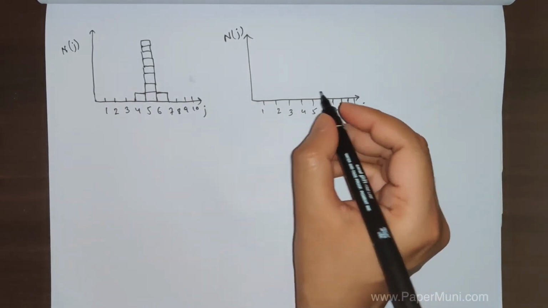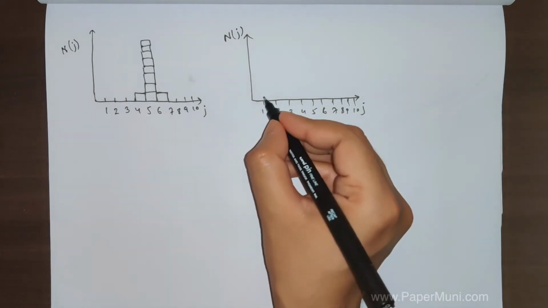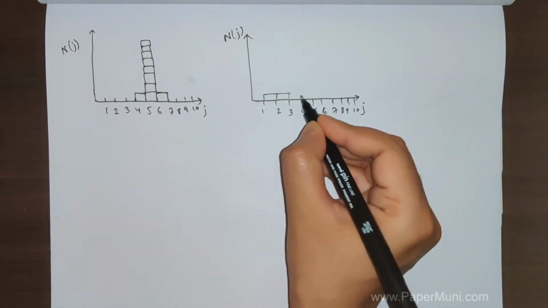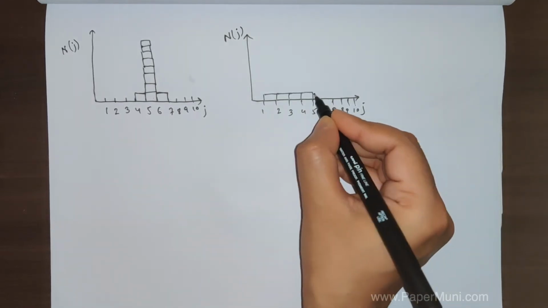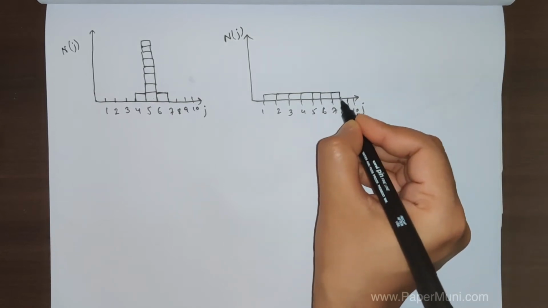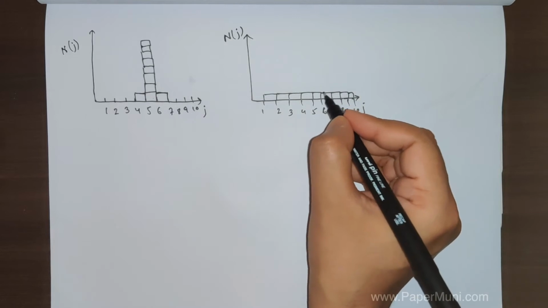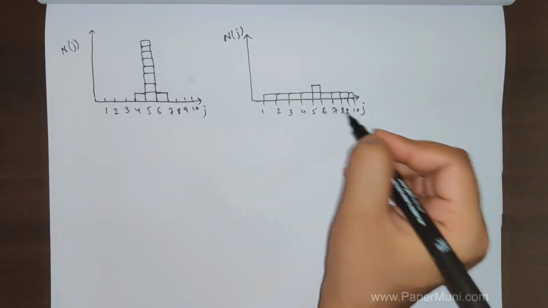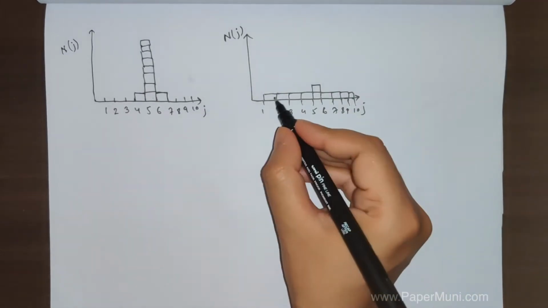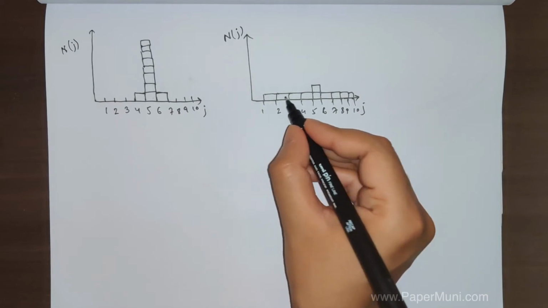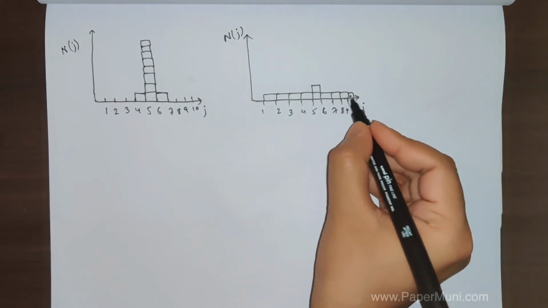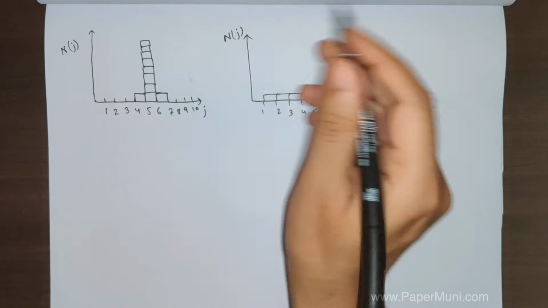And we have the data distributed like this: one box at each interval, and 2 boxes between 5 and 6. So again there are 10 elements. Here also 10, but the distribution is different.